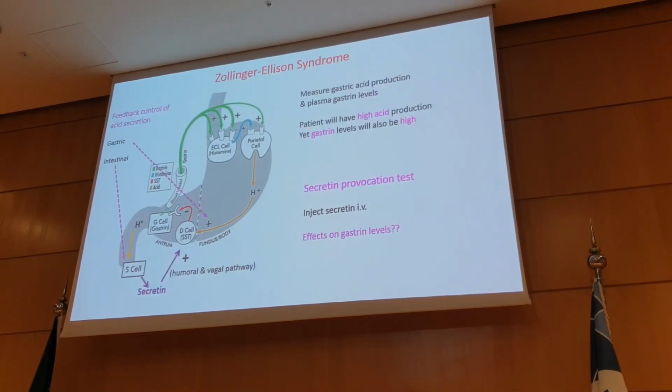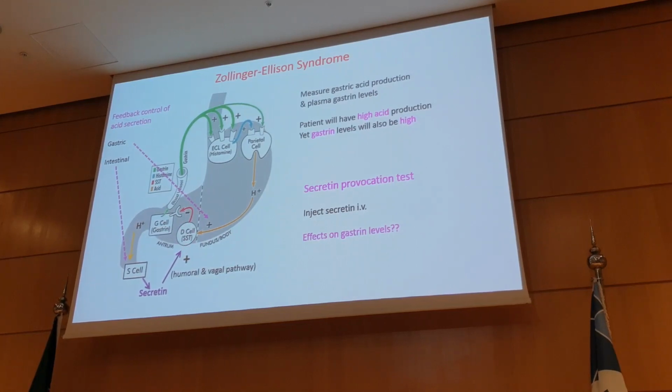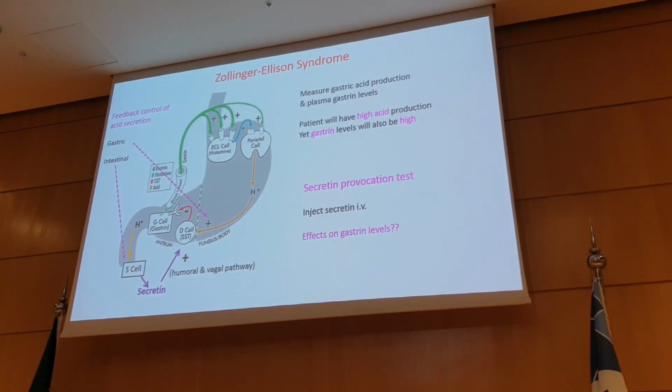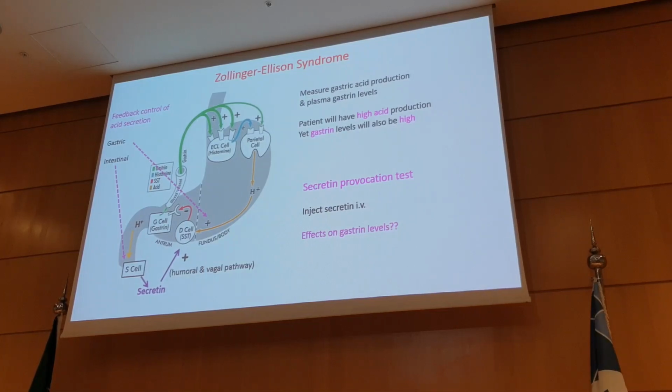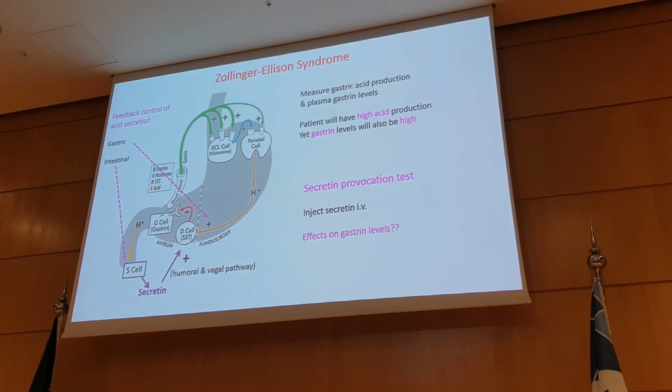It hits the D cell, stimulates it, so it turns off acid too. So acid turns off the D cell at the level of the stomach, and acid coming here also turns off acid. Make sense? All right. So what do these patients have? They will have high acid and high gastrin, which to them doesn't make sense. You go, well, if you have high acid, you should turn off gastrin.